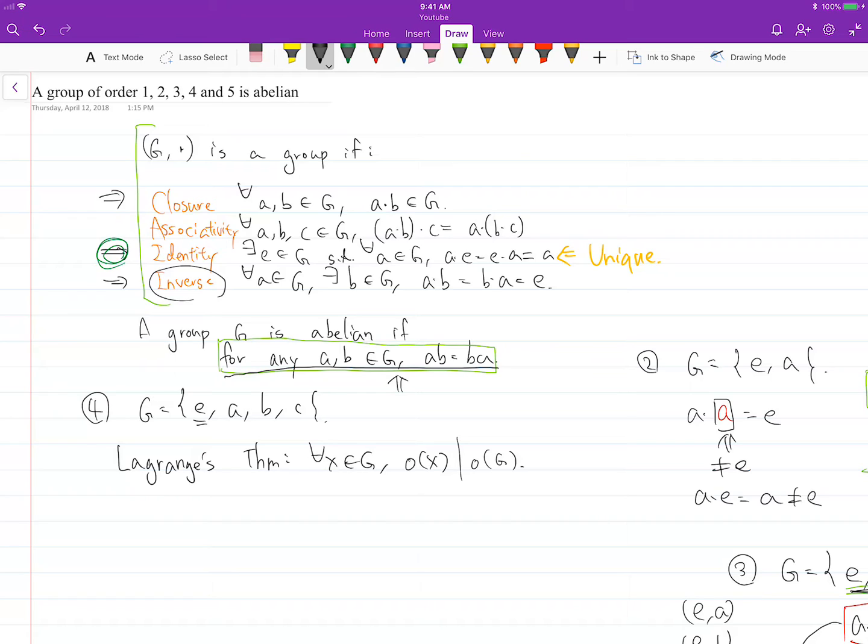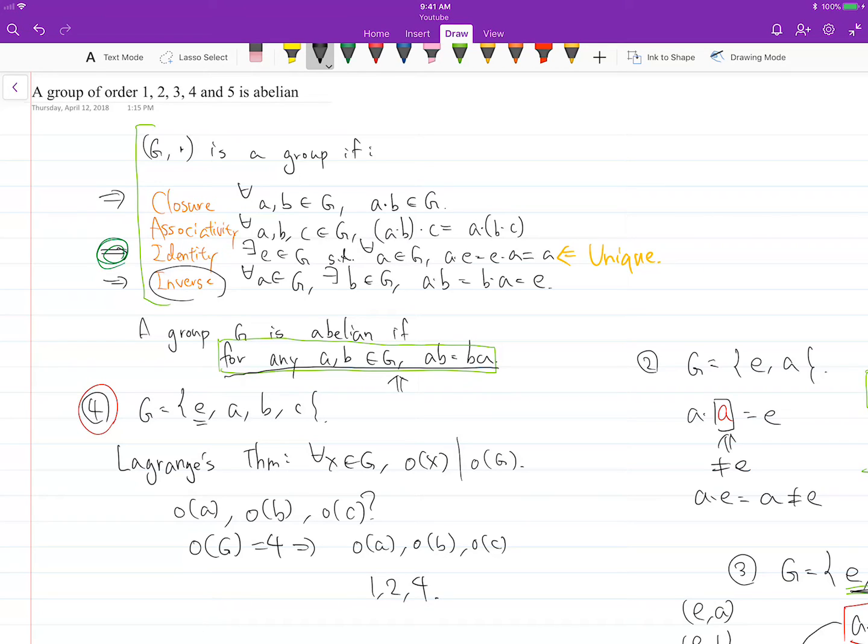So from this, we can start thinking about what are the orders of each element A and B and C. Since the order of the group is 4, because that's what we're doing here, we know that the possible values for the orders of elements are 1 or 2 or 4.